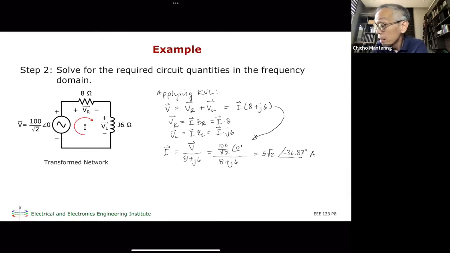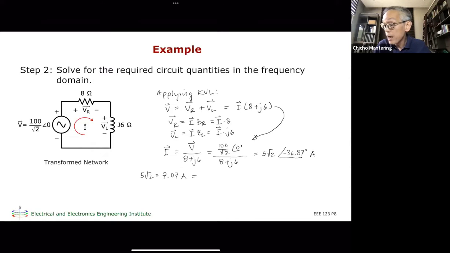Now this is already the effective value of I. So 5 times the square root of 2 is equal to 7.07 amperes.